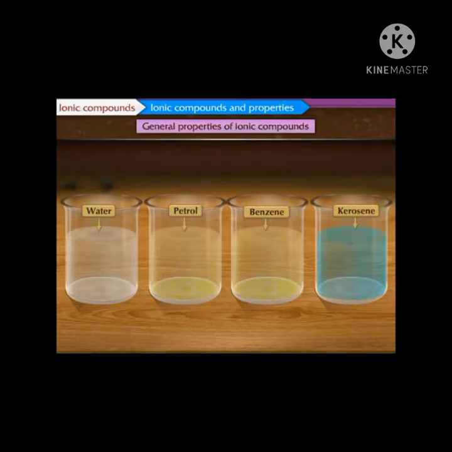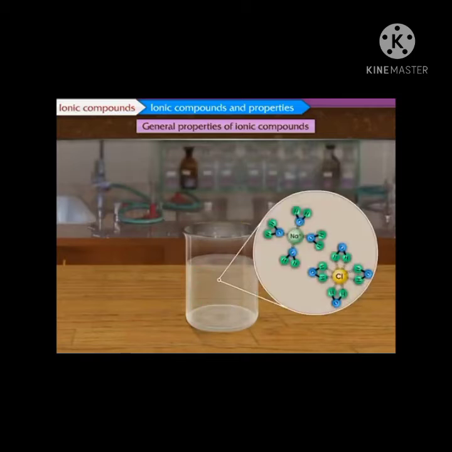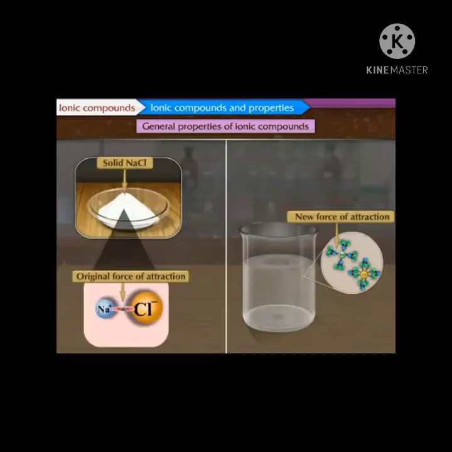Let us understand the reason behind this. When an ionic compound dissolves in water, the compound dissociates into ions. The water molecules orient themselves around the ions in a peculiar manner. Thus, a new force of attraction is established between the ions and the water molecules, which replaces the original intermolecular force of attraction.